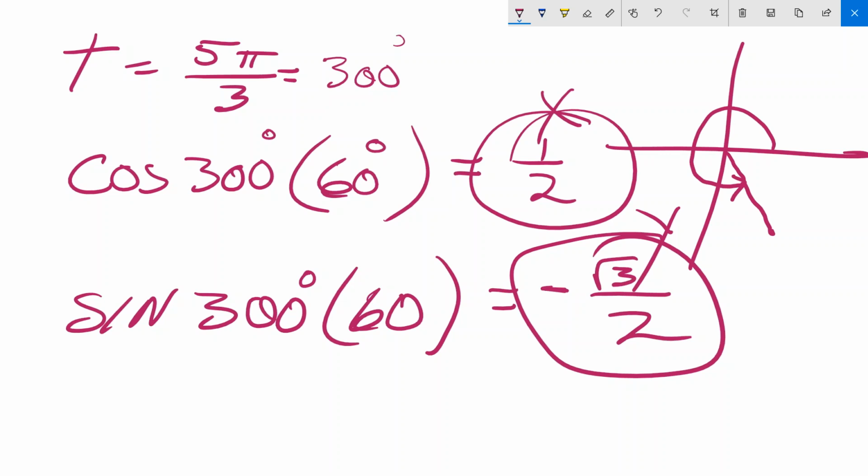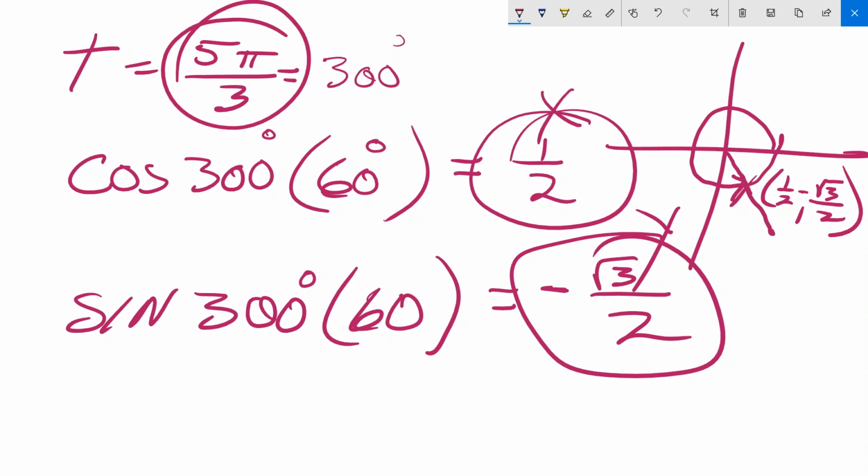And that's my unit circle. That point right there has an x-coordinate of 1/2, which makes sense with our diagram. And it has a y-coordinate of minus root 3 over 2. That's what they're talking about. But really, it boils down to finding the cosine and the sine of all of these angles t.